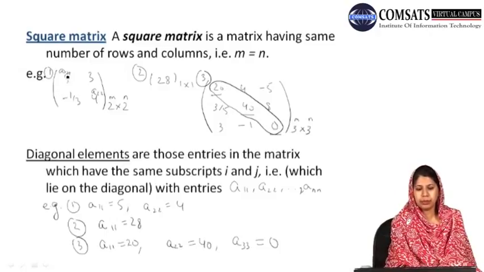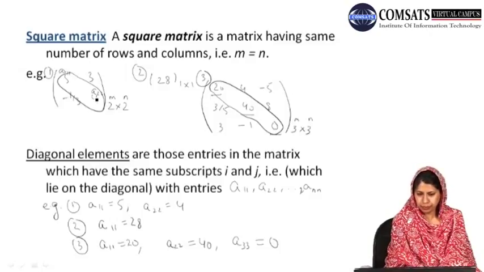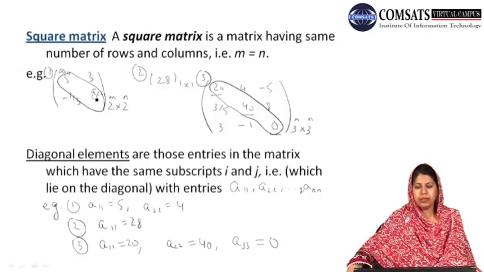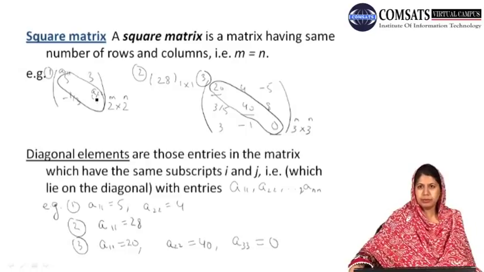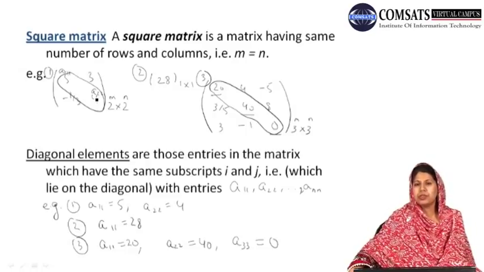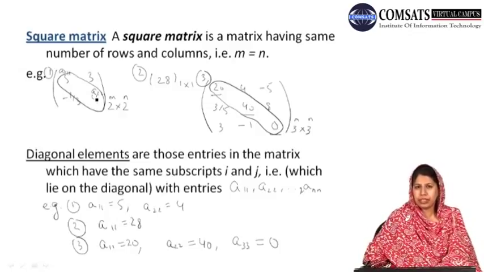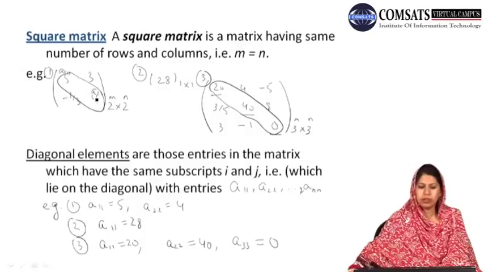In our first example, this is our diagonal with entries A11 equals 5 and A22 equals 4. Once we have a square matrix, that is the matrix having the number of rows equal to the number of columns, we can easily identify our diagonal entries as well. That is the entries which have the same position of row and same position of column.